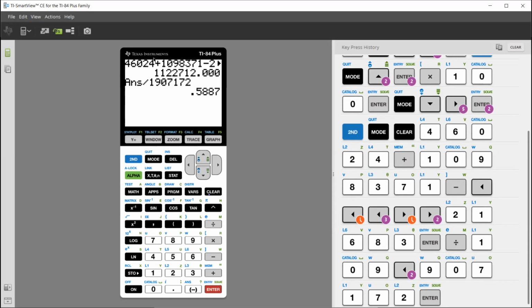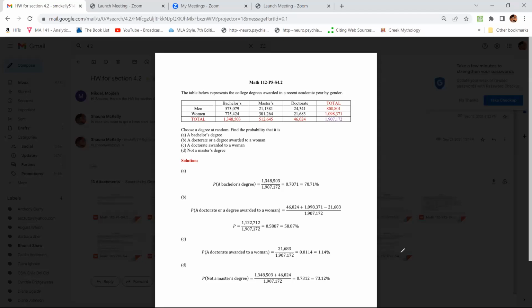All right, let's go to part C. Part C of the question says, okay, we kind of answered this without answering it. A doctorate awarded to a woman. So we're looking at just the women and just the doctorates, right? So here's my doctorates awarded to women right here in this cell right there.